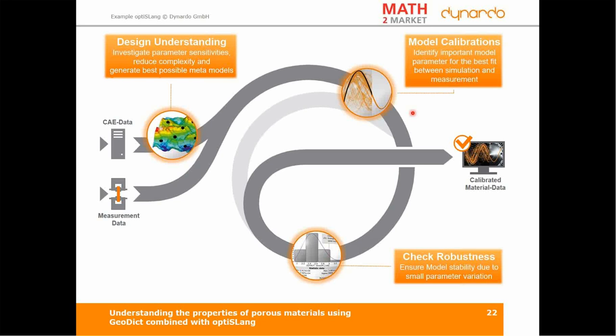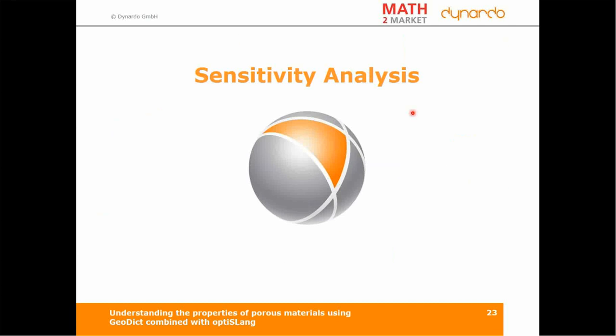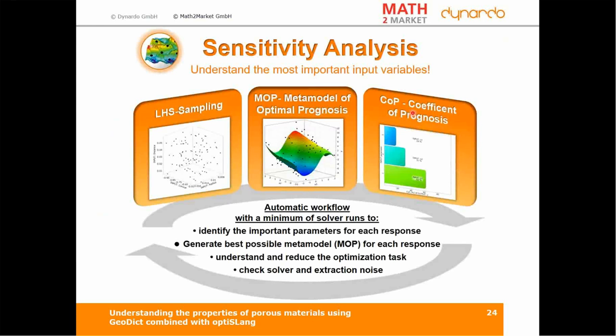So this is the first part we want to do. We want to investigate which parameters influence the design we are looking at, so which are the important ones, and then we want to generate the best possible meta model or surrogate model. So within the sensitivity analysis, we go to Latin hypercube sampling. That's where we start. Here we want to sample within the design space you have defined with these parameters. Then we want to go on and generate this meta model of optimal prognosis.